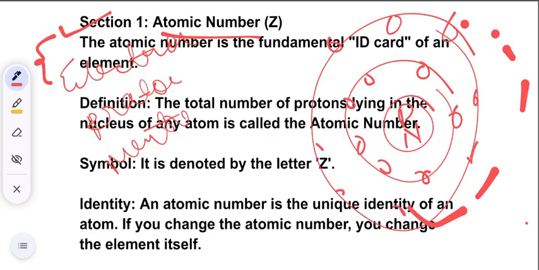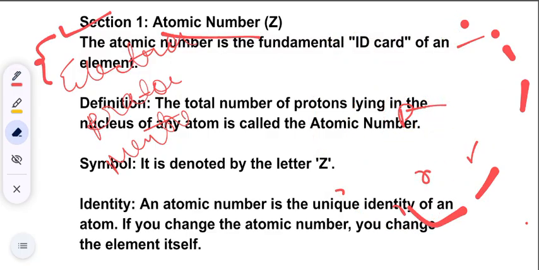About this you are going to learn in this chapter. Protons are positively charged particles, neutrons do not carry any charge, and electrons are negatively charged particles.